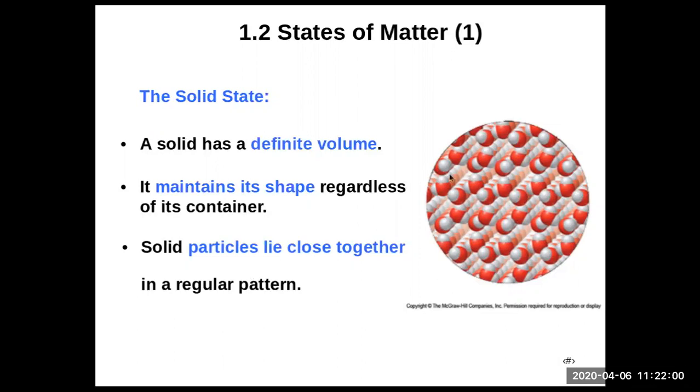In this model here on the right side, it's a model of ice, water as a solid. So water is H2O, two hydrogen atoms represented in white balls here, and one oxygen atom represented in red. And so we have many water molecules represented in this model.